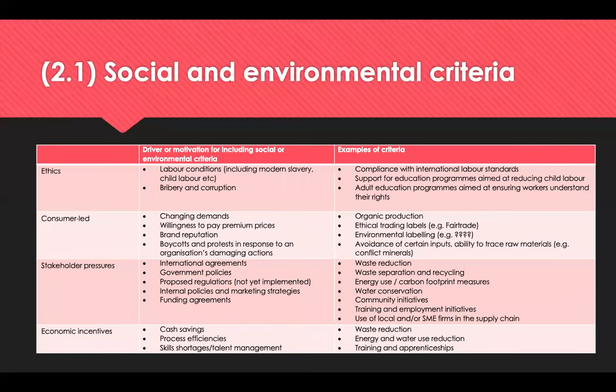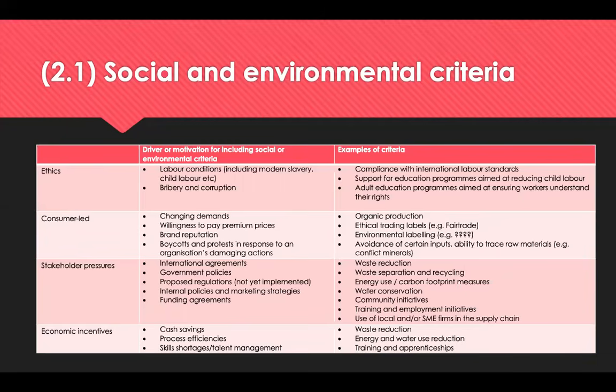But don't forget to include your social and environmental criteria in your specifications. The inclusion of these criteria can be driven by a number of factors. Ethical considerations can drive the inclusion of criteria such as compliance with international labour standards. Consumers are a driving force behind the criteria, and they specify that production, for example, might need to be organic or fair trade, and that certain ingredients or minerals can be traced or sourced.